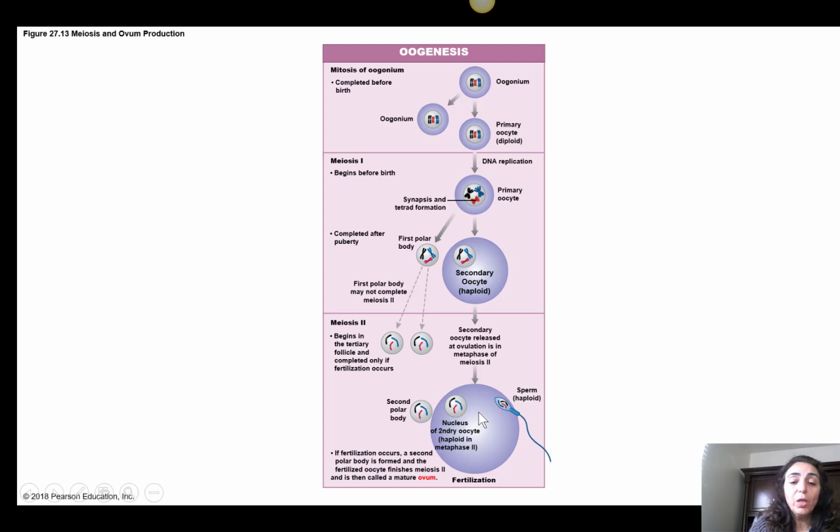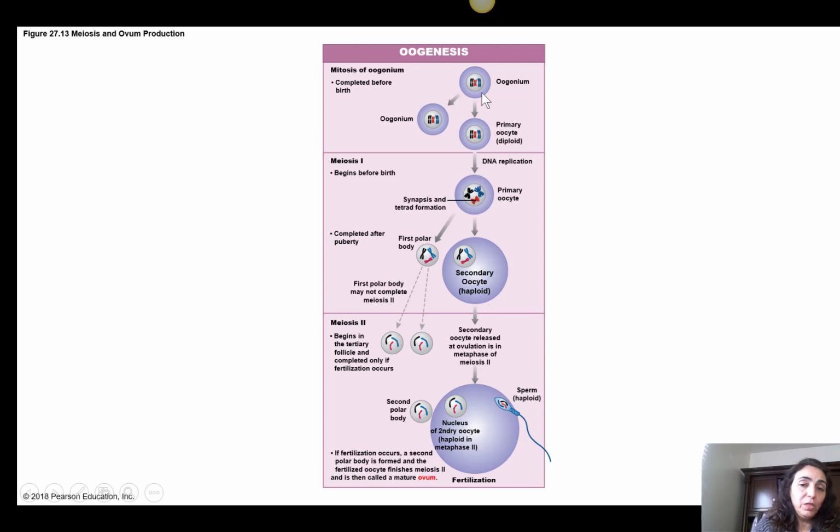So as you see, the secondary oocyte is haploid, and the mature ovum is haploid too. But the primary oocyte is diploid.